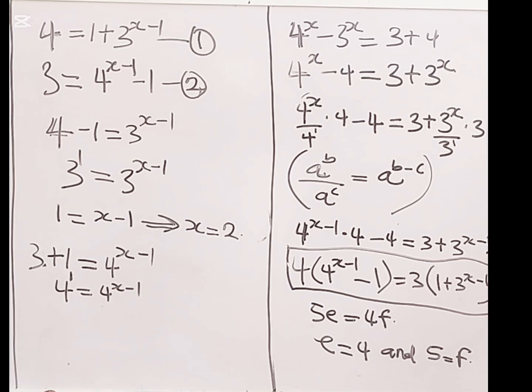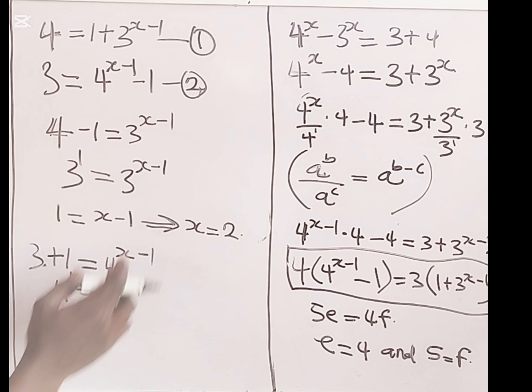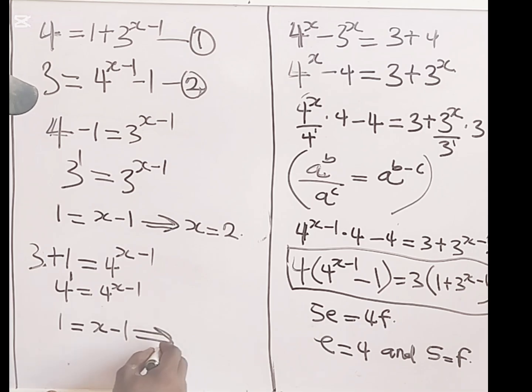This 4 is also raised to the power of 1. In the same way, just as we applied here, when the bases are the same, we equate the powers. In this case, the bases are also the same. So we can equate the powers and have 1 is equal to x minus 1, which also implies that the value of x is equal to 2.